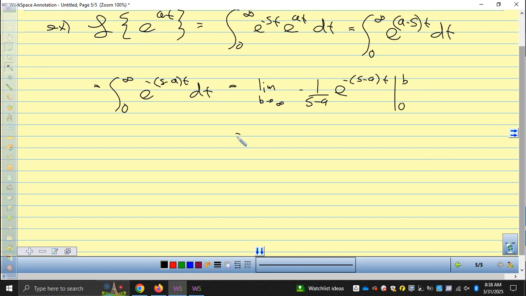And this is going to be the limit as b approaches infinity of negative 1 over s minus a times e to the minus s minus a b, minus 1.